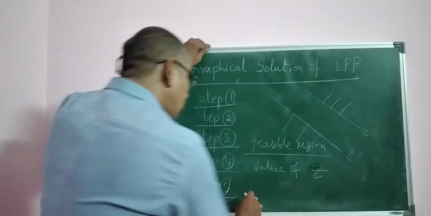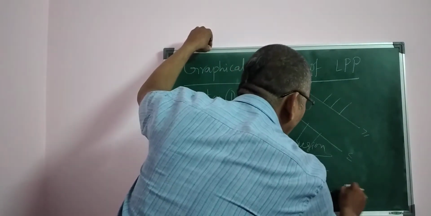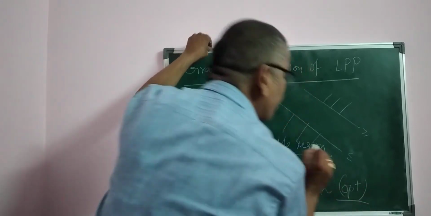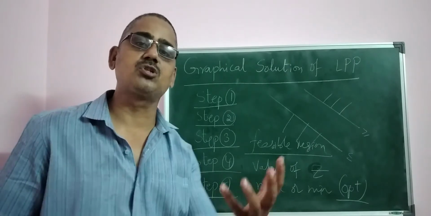So you find the maximum or minimum value, that is called the optimum value, optimization. We have to get the optimum value of z, that is our solution.